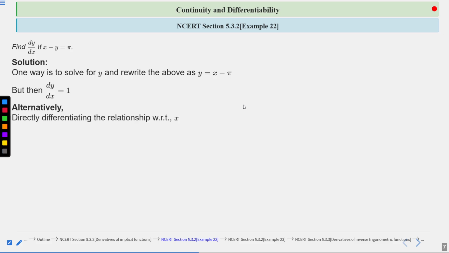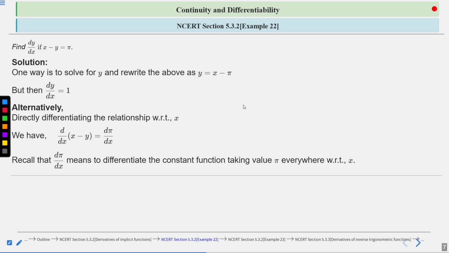Now alternatively, directly differentiating the relationship with respect to x will give d upon dx of (x minus y) will be equal to d pi upon dx, right? Now recall that d pi upon dx means to differentiate the constant function taking the value pi everywhere with respect to x, right?